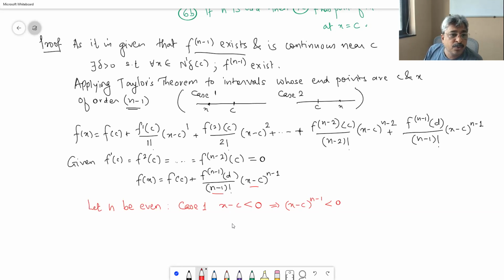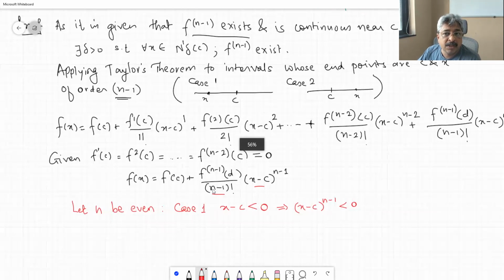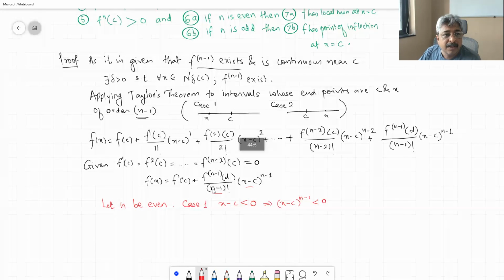Now what are we supposed to use? What is the other condition that is given to us? The other condition is about Fn. Fn at c is greater than 0. So this is the fifth condition.